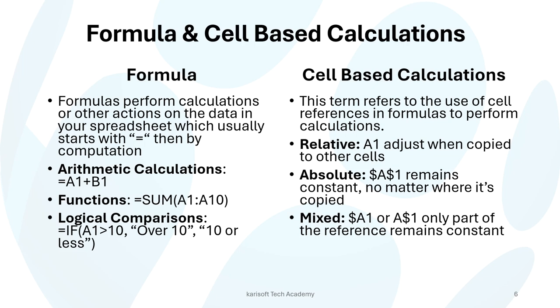For functions, which we'll get into more, you have equal to SUM, then you open the parenthesis, A1 to A10. That aggregates all the values in cells A1 to A10 and adds them up. So you have the sum function.